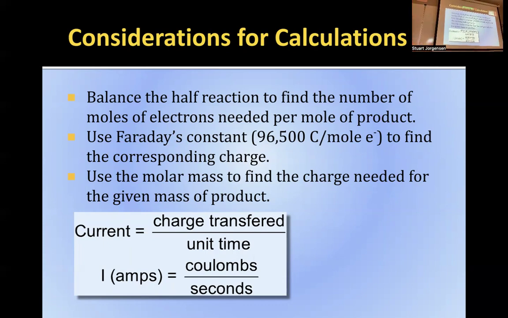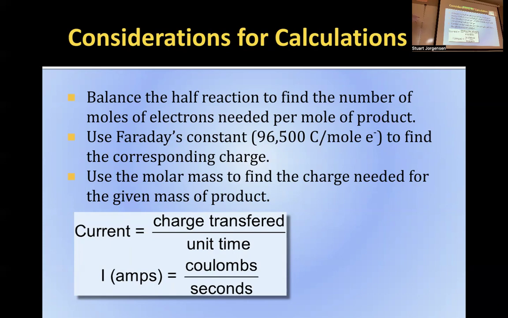The shorthand for amps is the symbol I, so it's coulombs per second. Q is charge in coulombs, T is time in seconds.